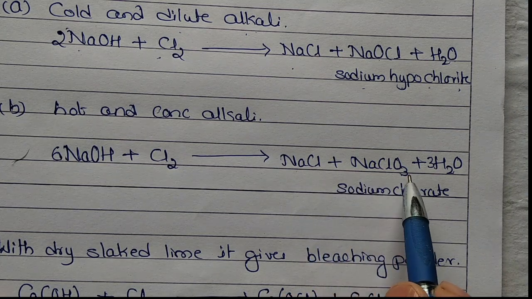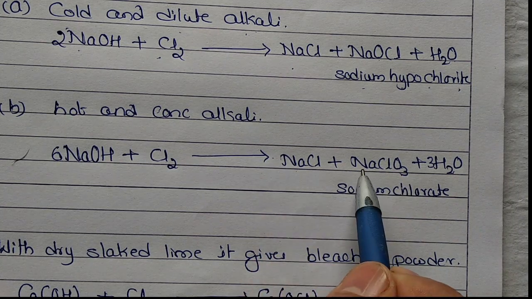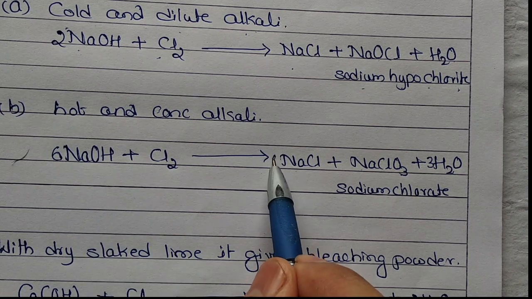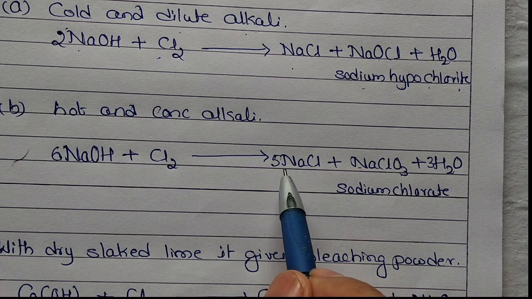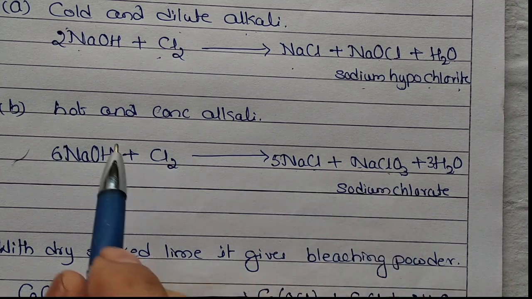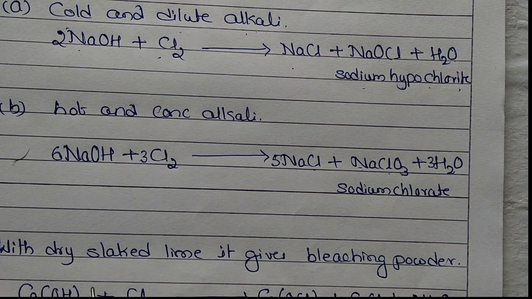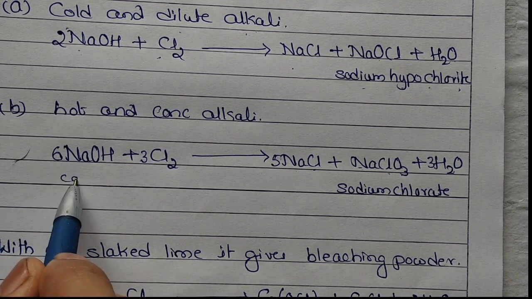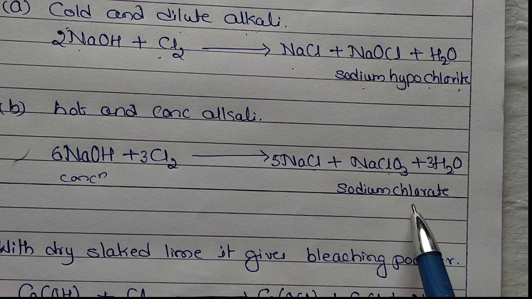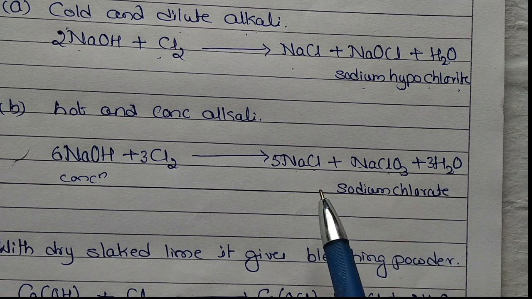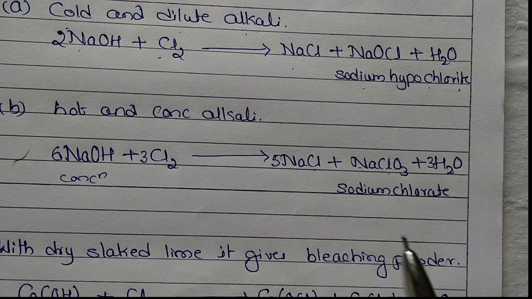If I balance chlorine here, oxygen will become more. So 1 plus, you want 6, so here I will write 5. Now 5 plus 1 is 6; chlorine 5 and 1 here, 6, which means here it is 3. So this is the concentrated NaOH. It gives sodium chlorate. This is one more very important reaction.